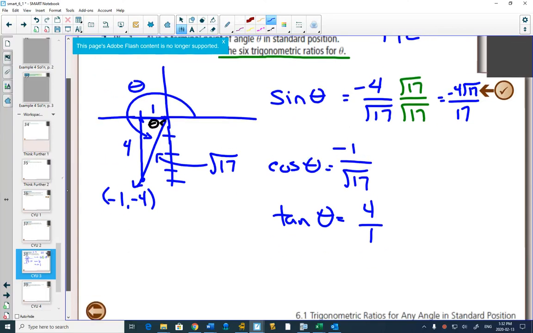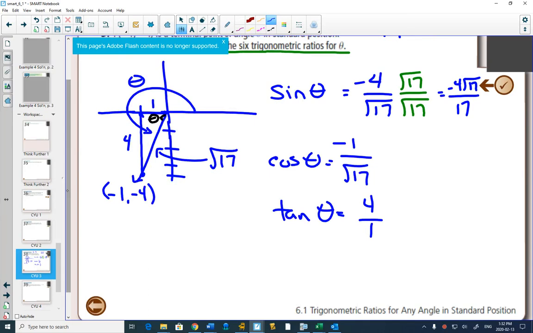We also need to figure out our reciprocals. The reciprocal of sine is cosecant, and reciprocal means that we flip the fraction. And so if sine of theta is negative 4 over root 17, does it make sense that cosecant is root 17 over negative 4? And it doesn't matter where we put the negative.